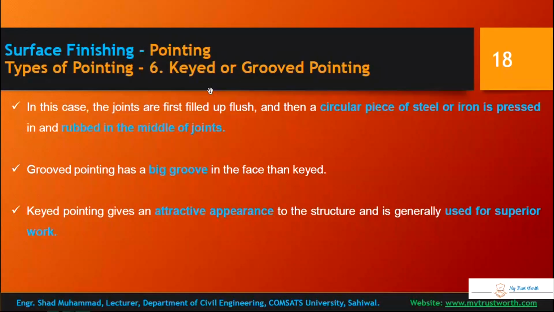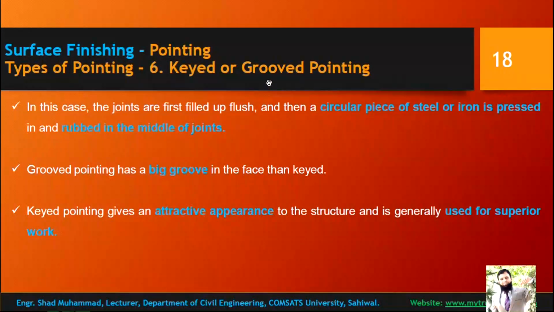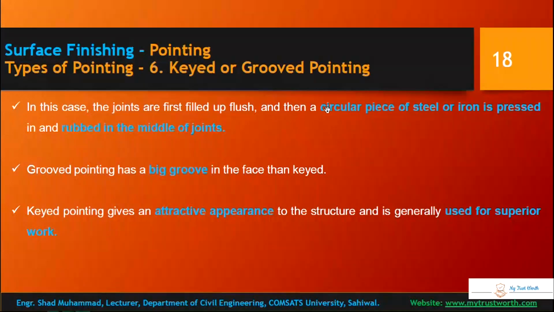Sixth type of pointing is keyed or grooved pointing. Grooved, keyed, if you have some engravement inside your pointing, or groove means also engravement inside the pointing. In this case, the joints are first filled up flush. First you have flush or flat pointing, and then before the mortar is hardened, a circular piece of steel or iron is pressed in and rubbed in the middle of the joint.